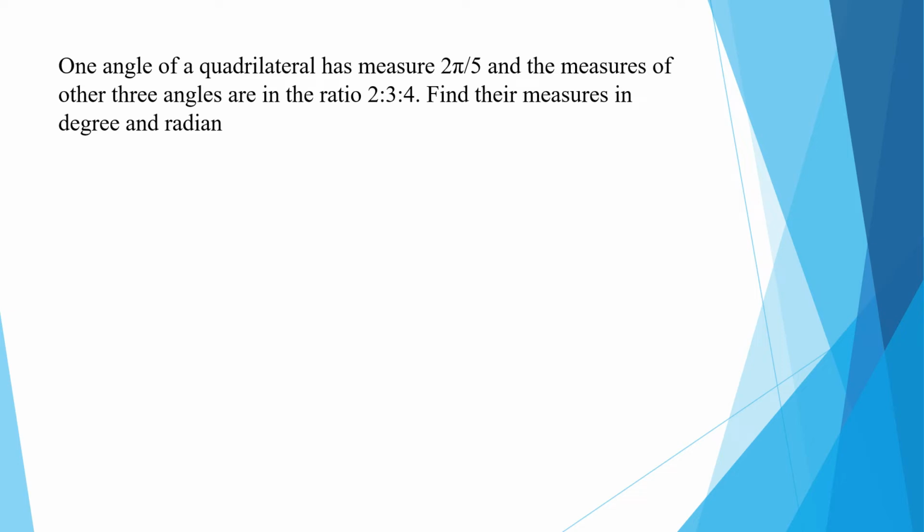Next. One angle of a quadrilateral has measure 2 pi by 5 and measure of other three angles are in the ratio 2:3:4. Since the ratio is given, let x be the common multiple. Therefore, what can I say? Since they have said quadrilateral, the sum of angles of a quadrilateral is 360.